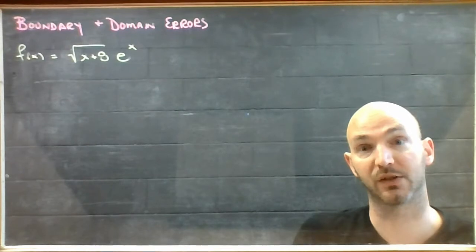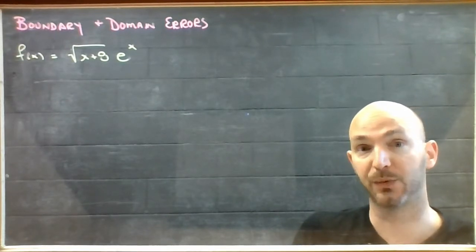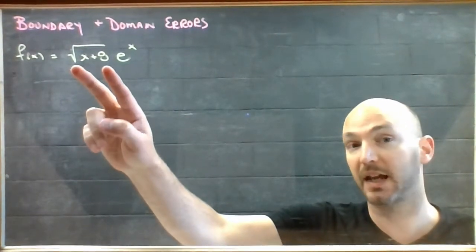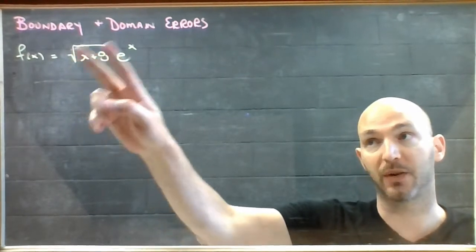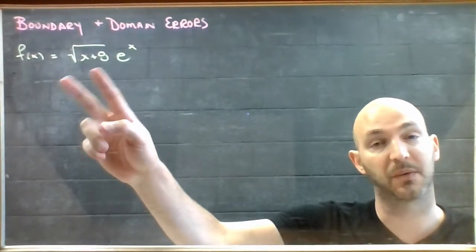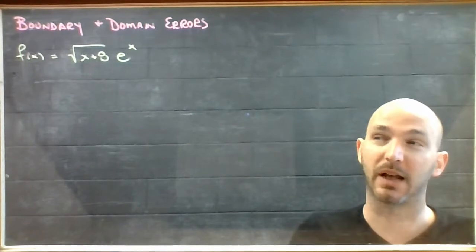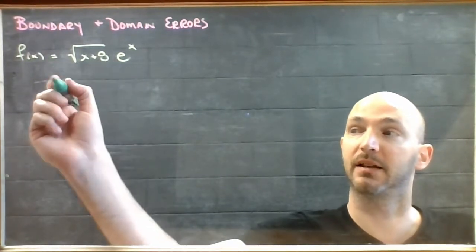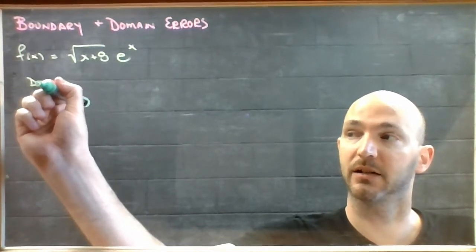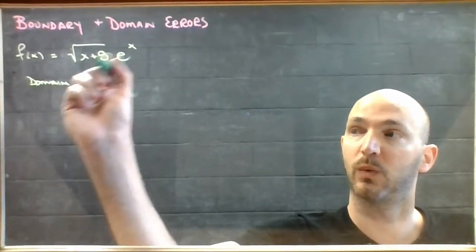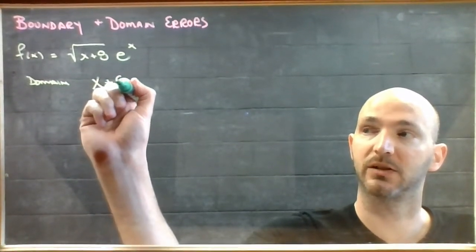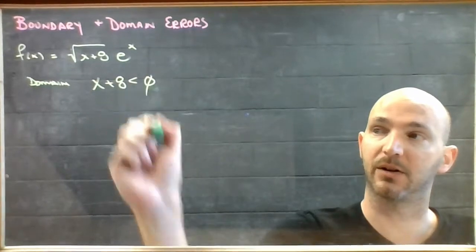So if you were asked to sketch this function, you'd look at it and you would see that it does in fact contain one of these functions that creates boundary or domain errors. So I'm going to have to test that. I'm going to have to remind myself that I get a domain error whenever the argument of a radical is less than 0.